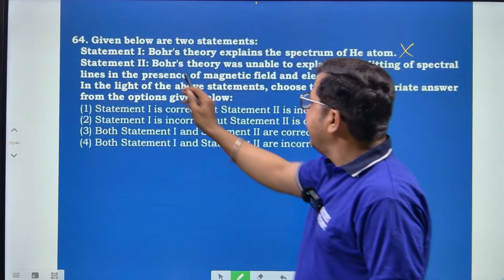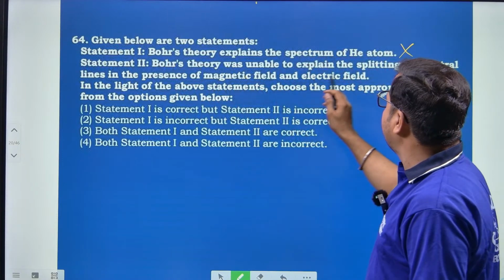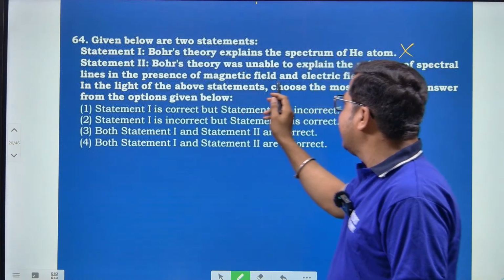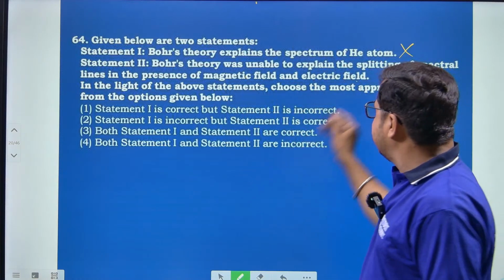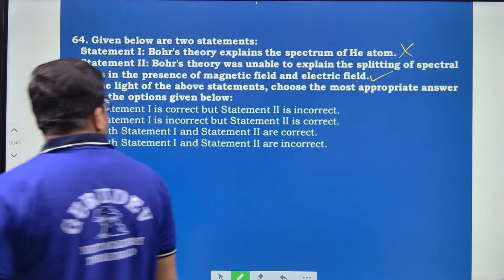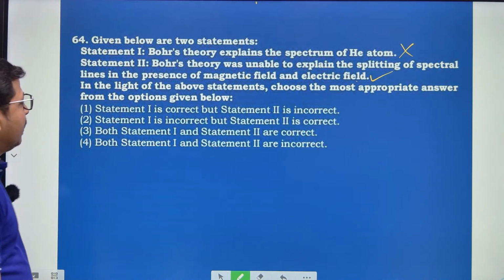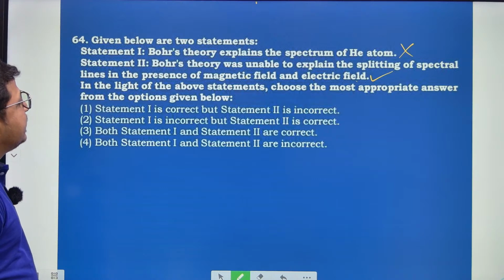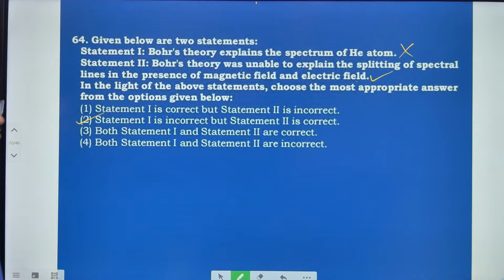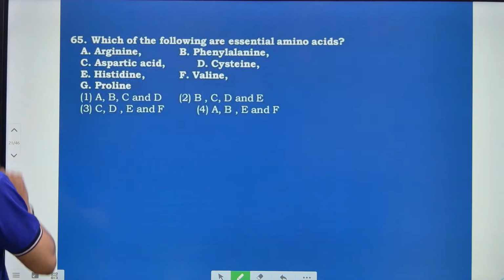And in the next, Bohr's theory was unable to explain the splitting of spectral lines in the presence of magnetic field and electric field. This is right. So statement 1 is incorrect, but statement 2 is correct. Hence, it follows option number 2.